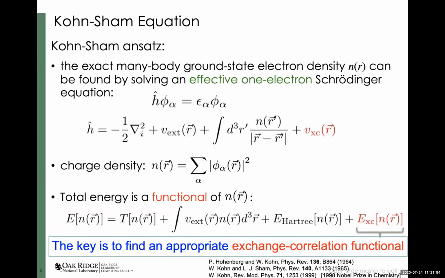And Kohn and Sham have shown that if you solve this equation, you can take these n lowest lying orbitals, and you'll get the exact same charge density as you would have gotten had you solved the many-body equation.